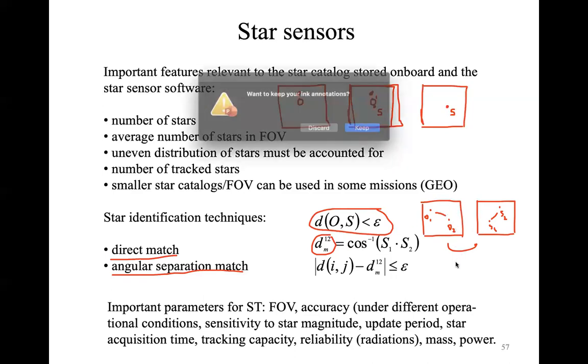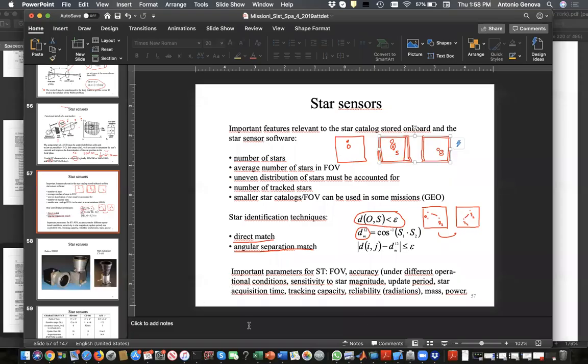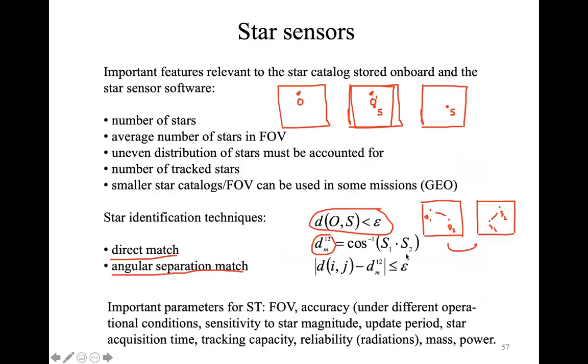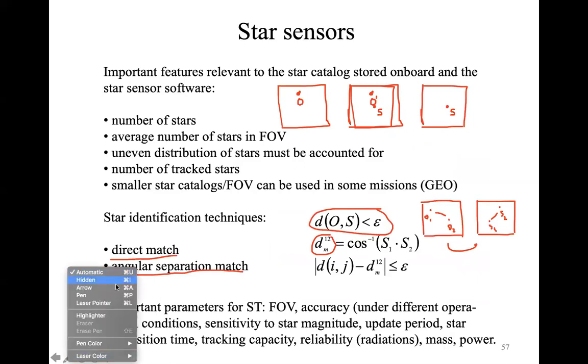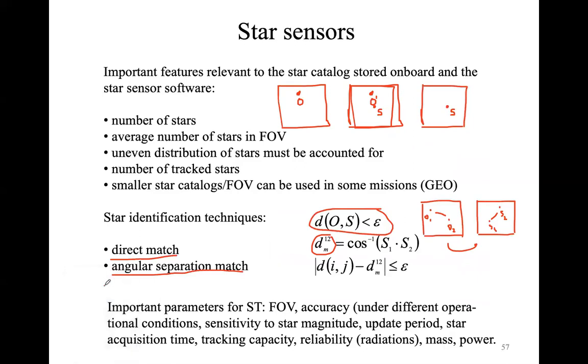One other method that we can use is called the polygon match. So let's write that here. A third method is an extension of the angular separation match, but it's called the polygon method. The polygon method is an extension of the angular separation in which you have, for example, let's do 4 stars.